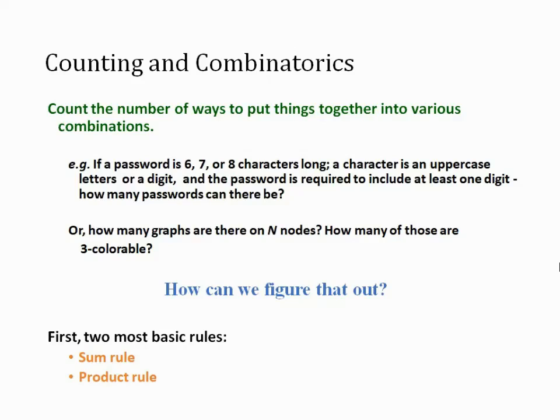Or, how many graphs are there with n nodes? You have been given n nodes. With this, how many graphs can you construct, and how many of those are 3-colorable? 3-colorable means, for example, you have been given the colors red, blue, and green.